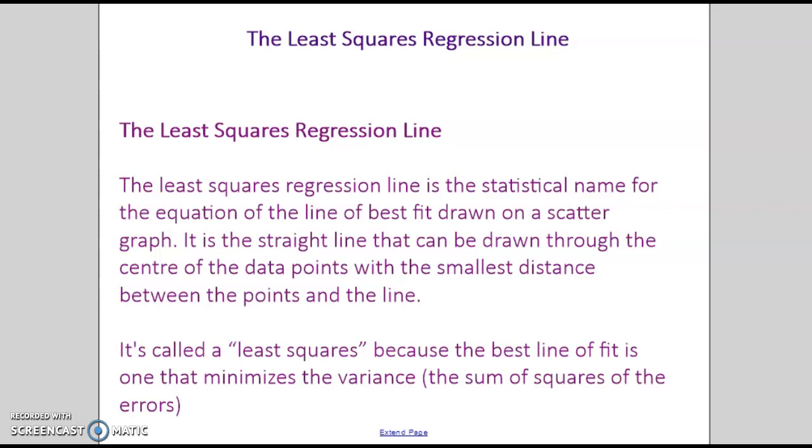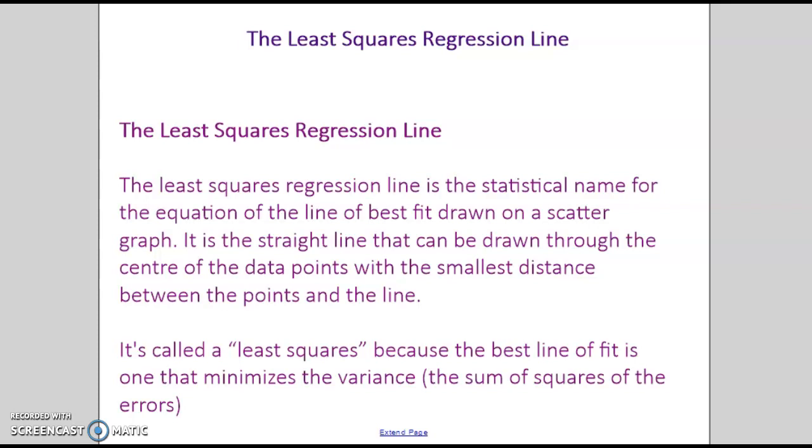The reason it's called the least squares regression line is because it's the line that has the least distance between those points and the line, and the smaller that distance is, the smaller the variance, so the variability of the data. And obviously that's something that we looked at in Unit 1.